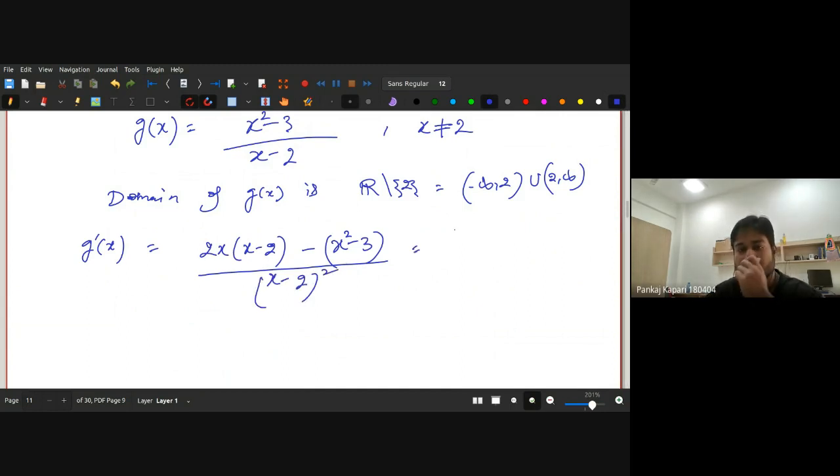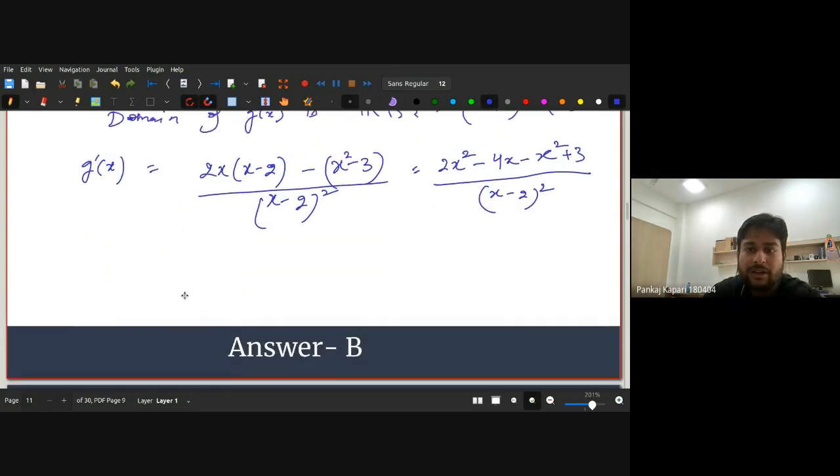Let's see what we get after the simplification. So we'll have 2x square minus 4x minus x square plus 3, divided by (x minus 2) whole square. Let's simplify it further.